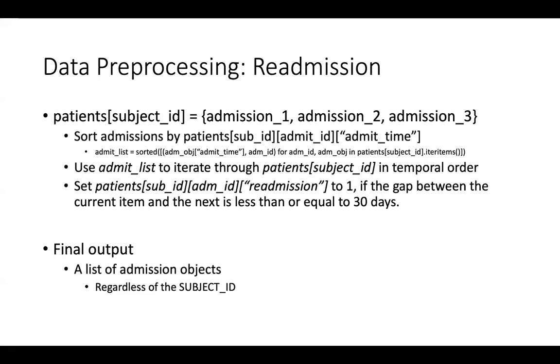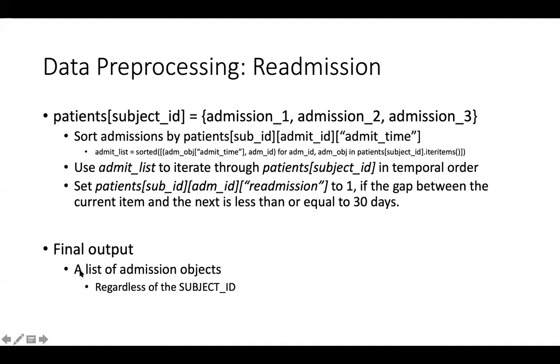That means that after this current admission, another admission happened within 30 days after discharge. So that's why we sorted the admissions by the admission time. Using that, we were able to distinguish or label which ones were the positive and which ones were the negative samples.